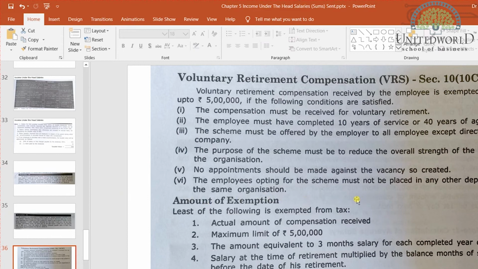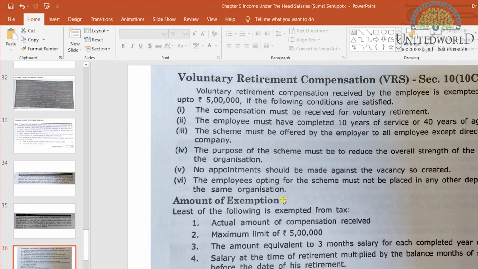Suppose I have worked for 15 years and 7 months, then 15 years are the complete years. So for each year I will take 3 months of salary. So 15 years into 3 months of salary means, suppose my monthly salary is 10,000 rupees, then 3 months' salary is 30,000 rupees.